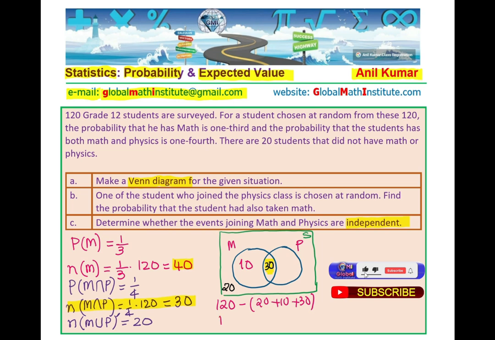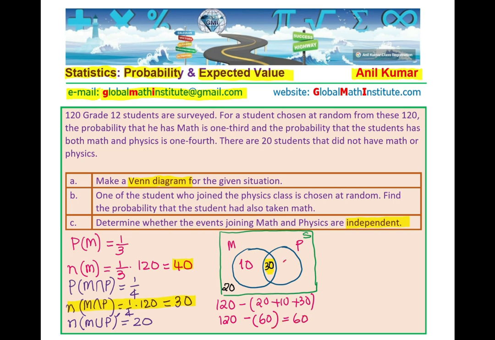So which is 120 minus 60, and that gives you 60. That's right. So we have 60. If you add and check, 60 plus 30 is 90, plus 10 is 100, and 20 is 120. It makes sense. So all 120 students have been accounted for.